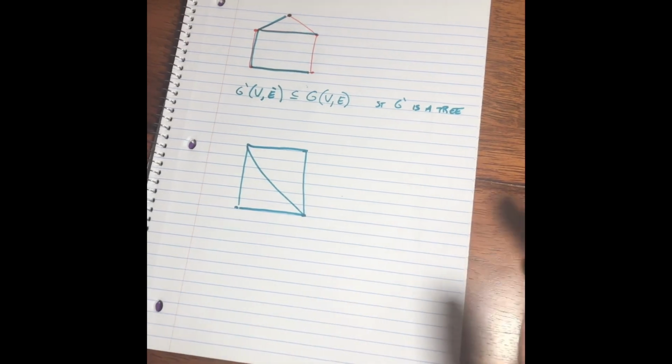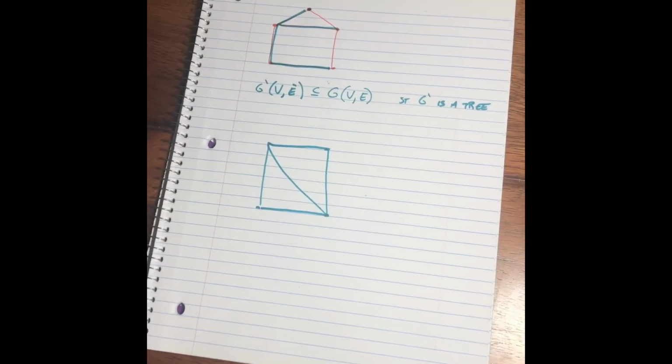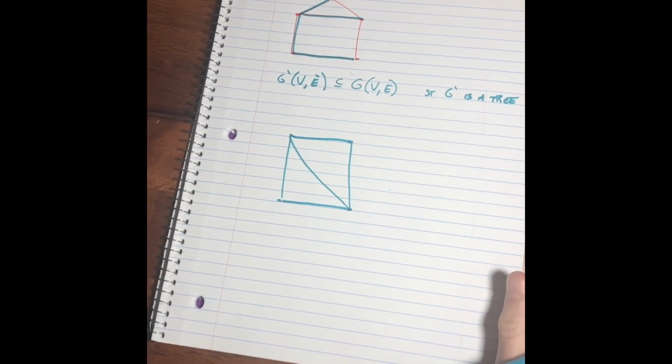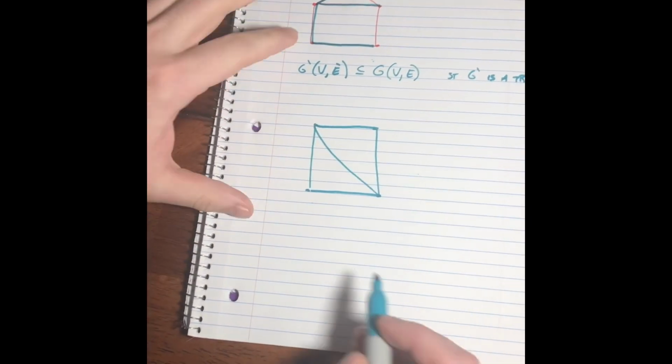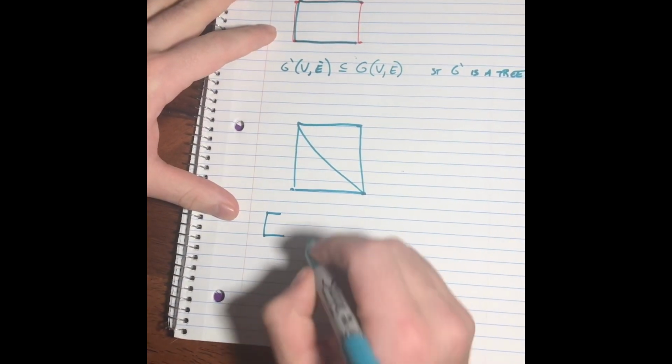And now what I propose we do is we're going to list out all of the spanning trees of this graph. All right, so we're gonna start by just taking the box and removing one edge at a time.